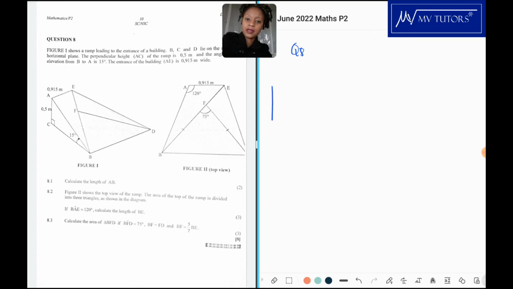So we have a right angle triangle, A, B, and C. That is 0.5 meters, and we have 15 degrees there.